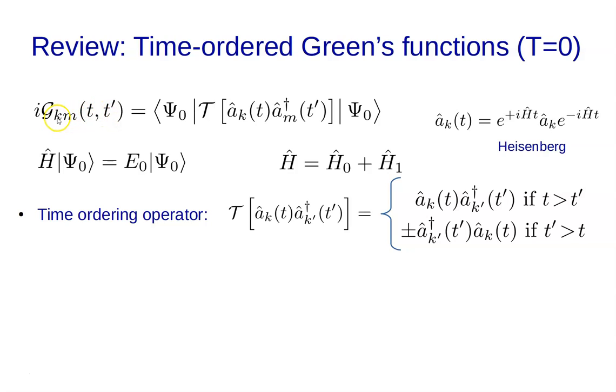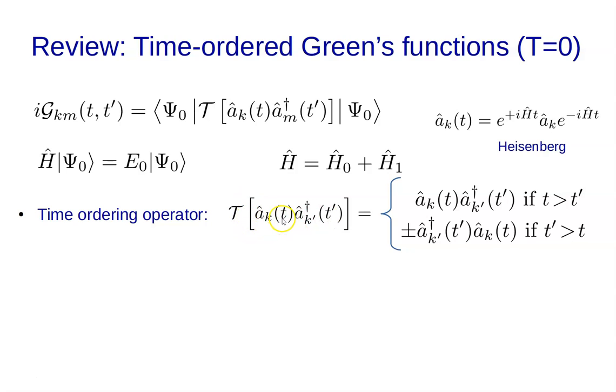Notice that k is associated with t and m is associated with t prime, and this second index represents the dagger operator within the time-ordering operator. Both of these operators are written in the Heisenberg picture, where the time evolution is governed by the Hamiltonian H, of course.